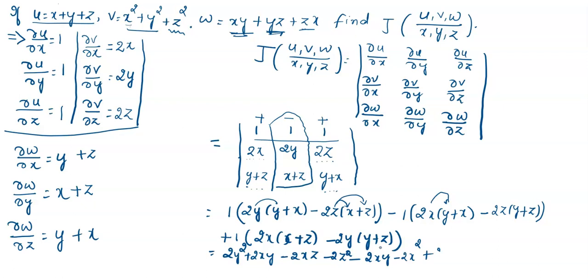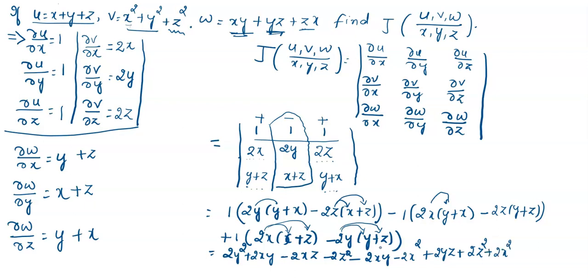Similarly, minus 2y with the y plus z, and we have plus 2x square plus 2xz minus 2y square minus 2yz.